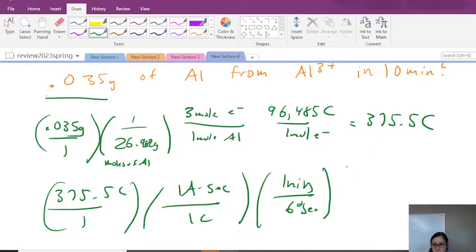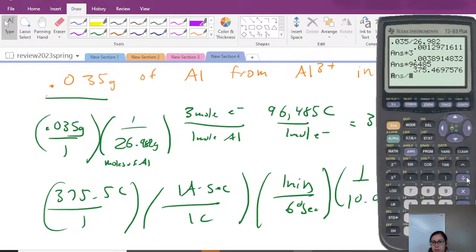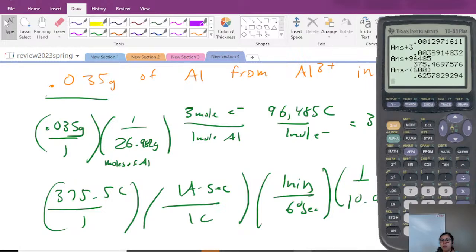I'm just writing out the conversion explicitly for everybody. And so what do we get for amps? So let's divide by our minutes, or seconds, excuse me. So I get like 0.63 amps roughly.